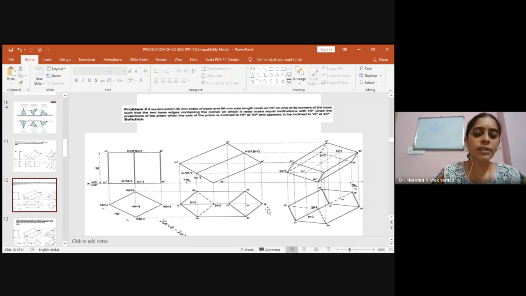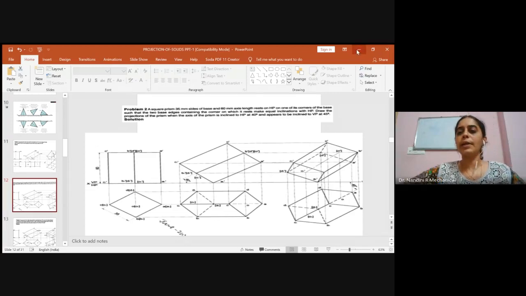Whenever the given axis is perpendicular to HP, you will get only the true shape of the base. But when the given axis is inclined to a particular angle, it helps you in showing the bottom surface as well as the top surface. I've told you in the last problem also, right?